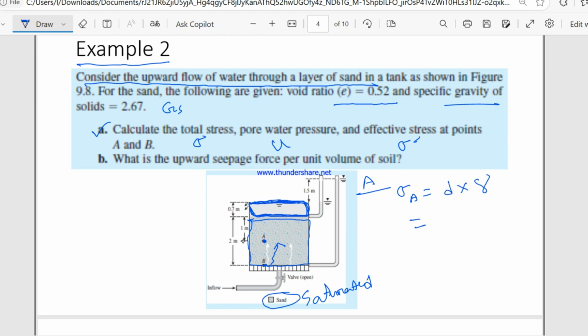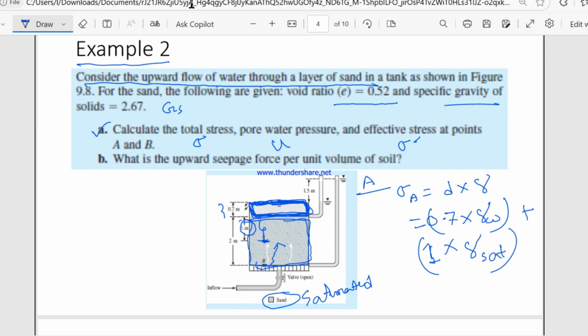The first distance is 0.7 for this zone, and this zone has only water, so water unit weight, plus, for point A, this distance is 1, times the saturated unit weight, since this is the saturated zone.